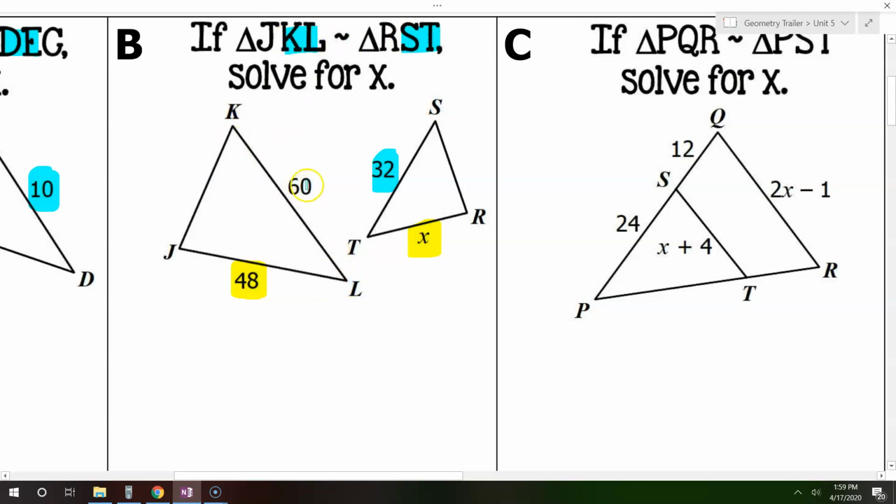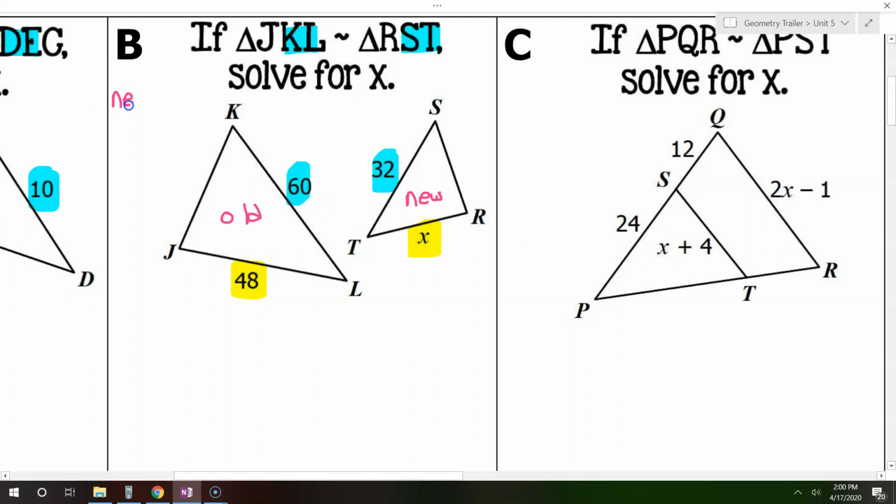Here's KL. So these are corresponding sides. All right, I'm going to call this triangle new, and I'm going to call this one old. It doesn't really matter which one you pick as new and which one is old. If one triangle has an x and the other one doesn't, I'll usually pick the x triangle to be called new, but it really doesn't matter.